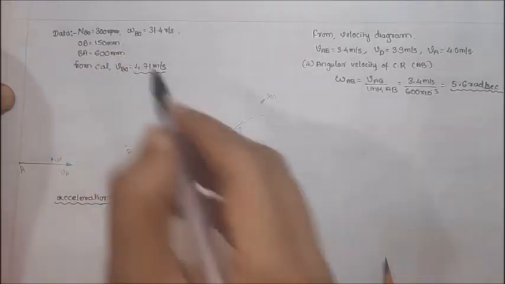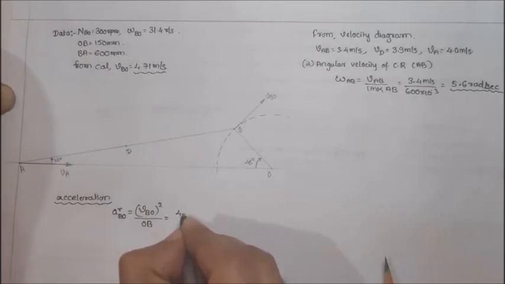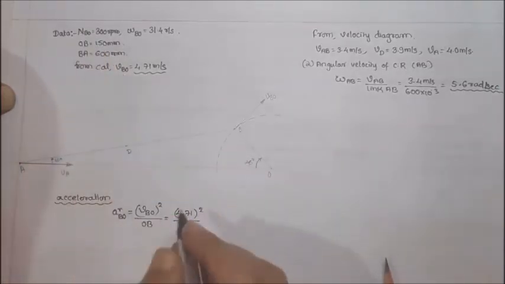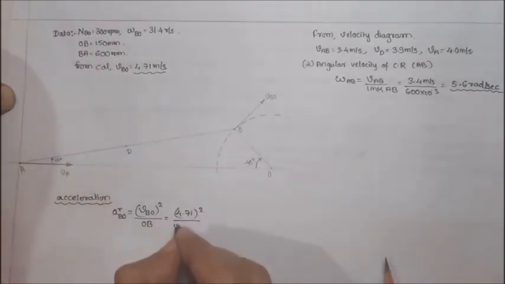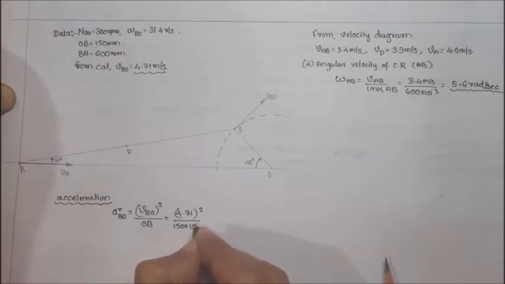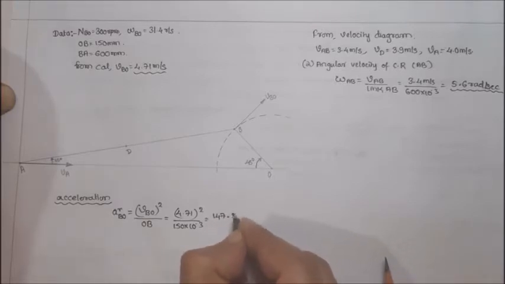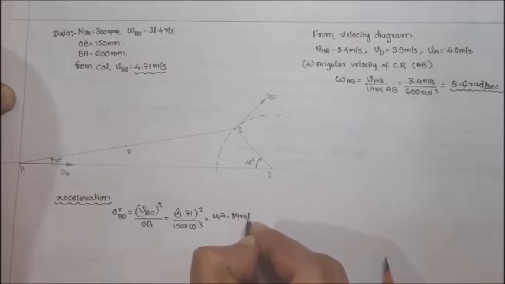Velocity of this one we have got is 4.71, so 4.71 to the power 2 by link OB. OB link we had, that is 150, so 150 into 10 to the power minus 3, and it will be equal to 147.89 meter per second square.